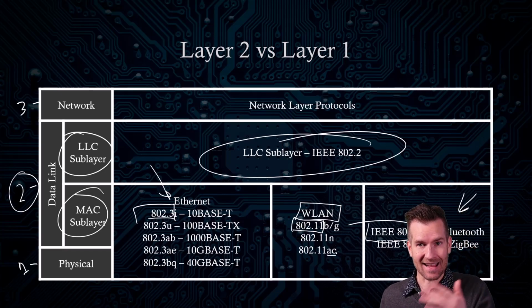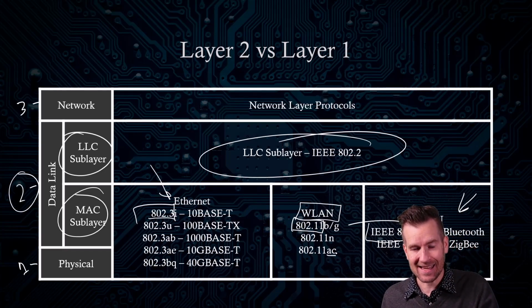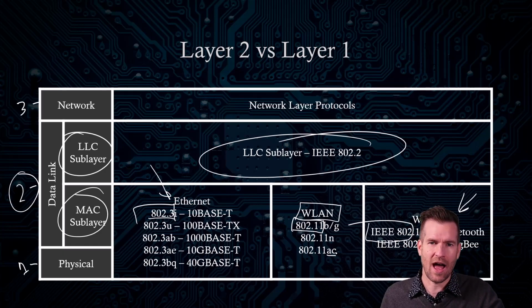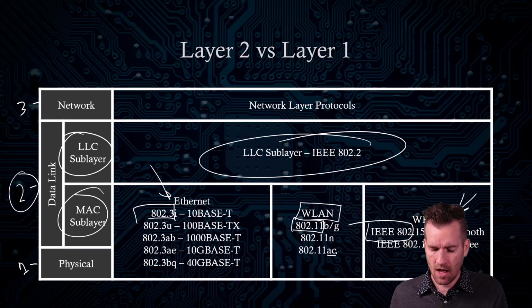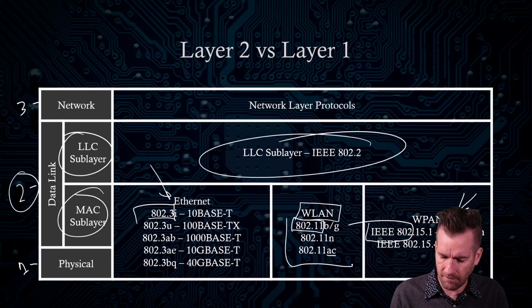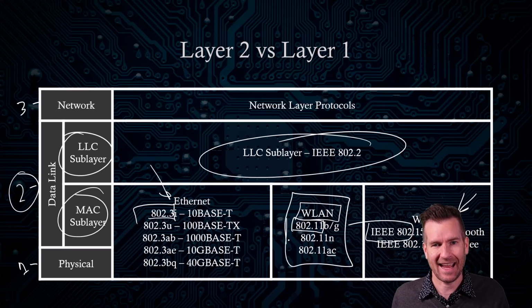That's not A and C, that is AC. So there's a lot, and the list keeps growing. They keep continuing to add to this. So these are the protocols that define this wireless LAN.